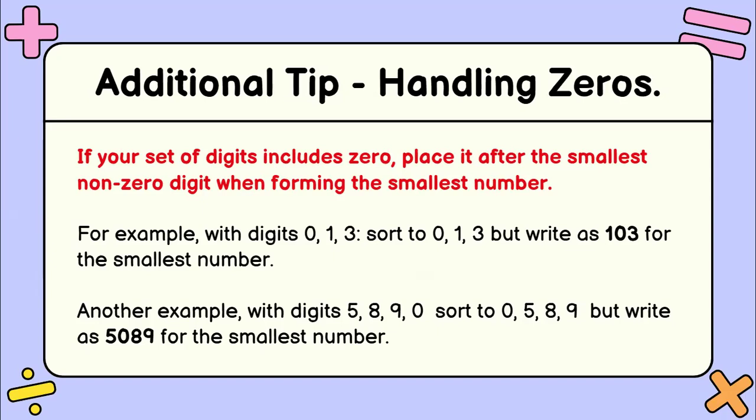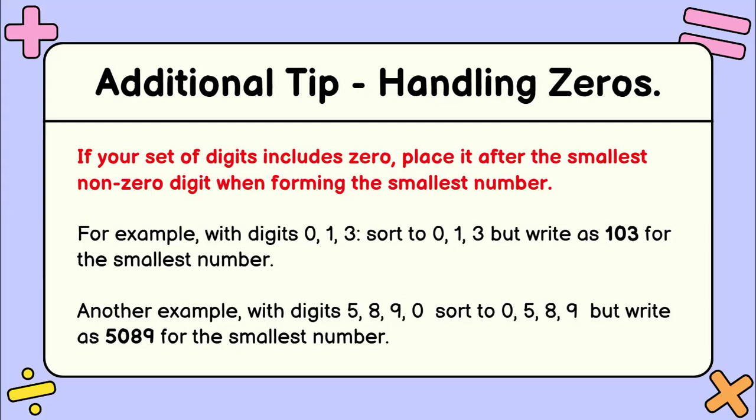So, instead of writing 13 using 0 at the start, we should write 1, 0, and then 3 for the smallest number, which will make 103. Because if we write 0 at the start, it won't become the smallest number correctly. Yes, it will be a small number, but it will not be so correct.